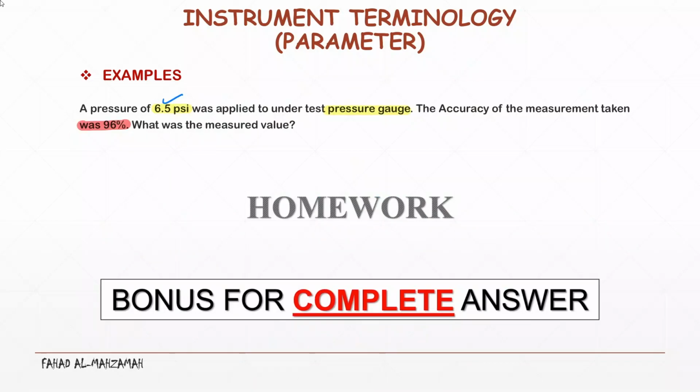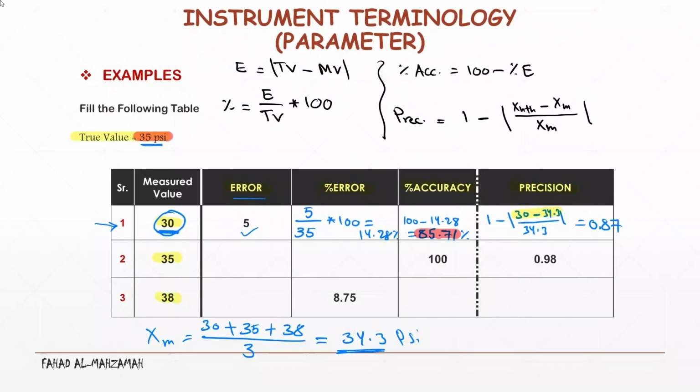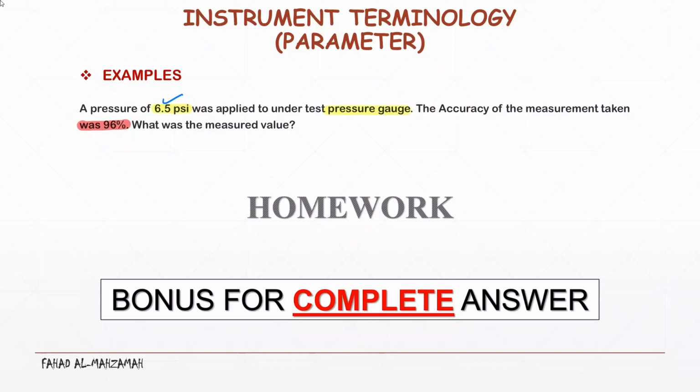What was the measured value? He asked about this value as an example. So you have the true value and you have this accuracy, and he asked what is the measured value. Most of you will solve half of the answer, but who can find the complete answer? Let's see.